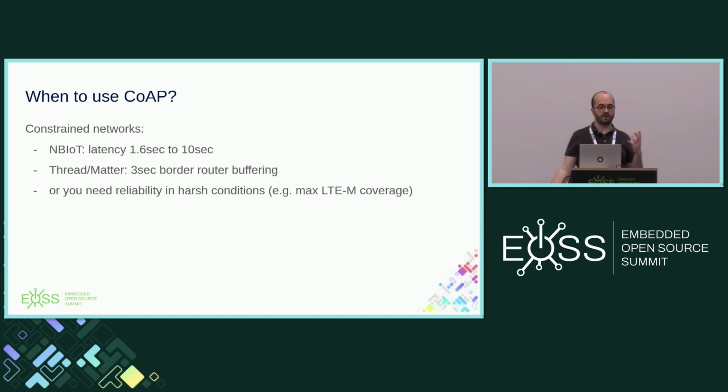For example, LTE-M, which is another low power 4G, works well with TCP, but as soon as you are far from the cellular tower and you are in bad condition, TCP is not working anymore, but CoAP can work. So that's one of the benefits of CoAP.